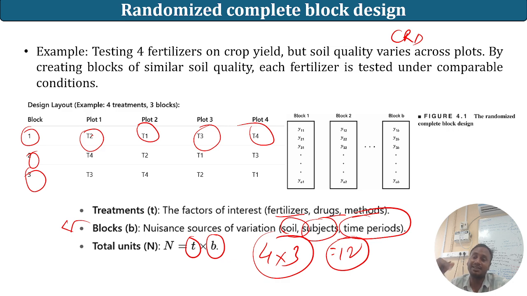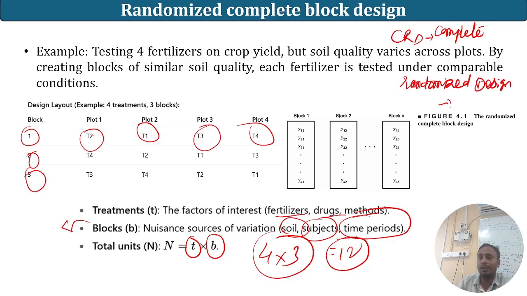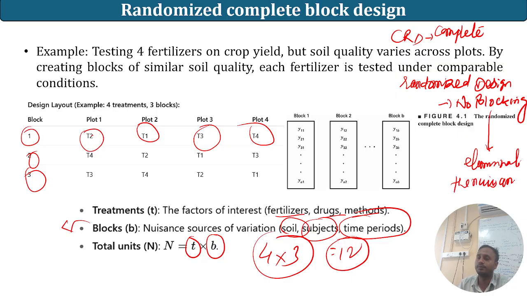So in that case, the chances of error will be more, because there is no blocking and we are not able to eliminate the nuisance error. So that's the idea.